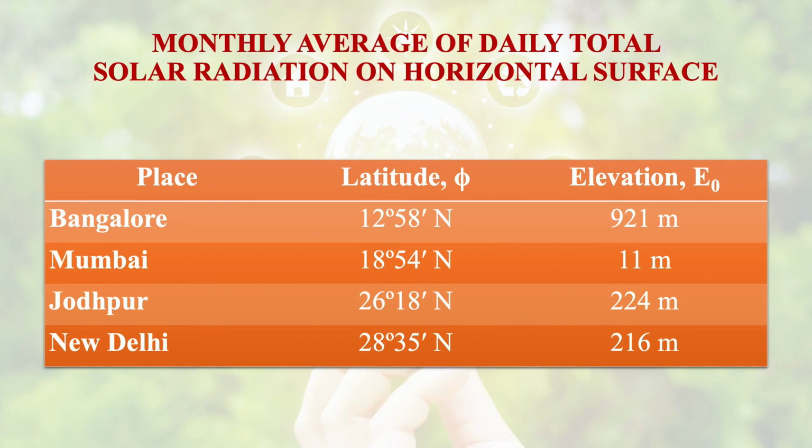If we talk about the latitude and elevation of some locations, for Bangalore the latitude is 12 degree 58 minutes north and elevation is 921 meters. For New Delhi, it is 28 degree 35 minutes north and 216 meters is the elevation.